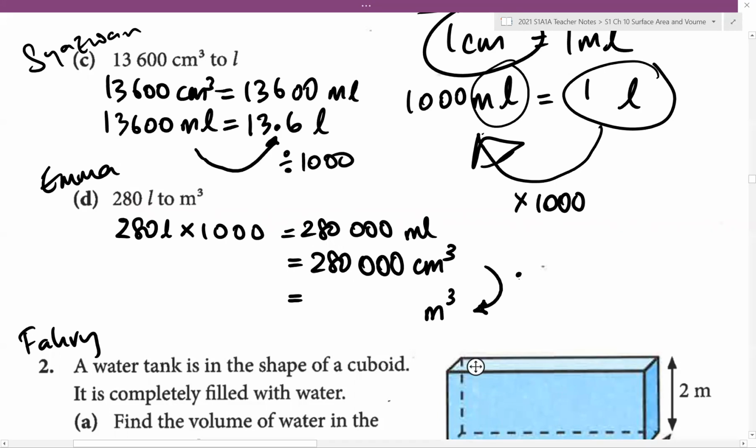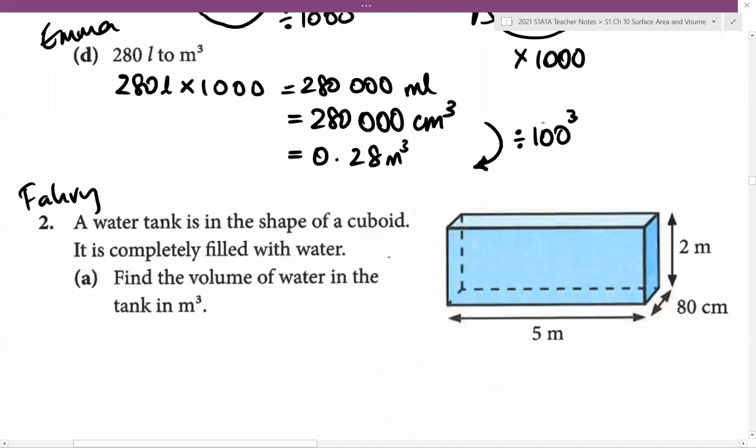Okay, divide by what? 100 cube. Excellent. Because when you go from cm to meter, you divide by 100. We want to go from cm cube to meter cube, so you divide by 100 cube. And we get 0.28 cubic meters.